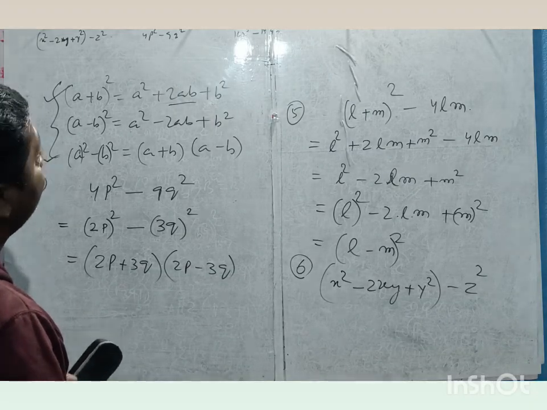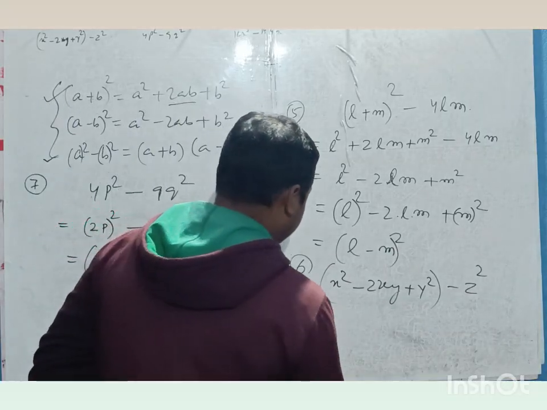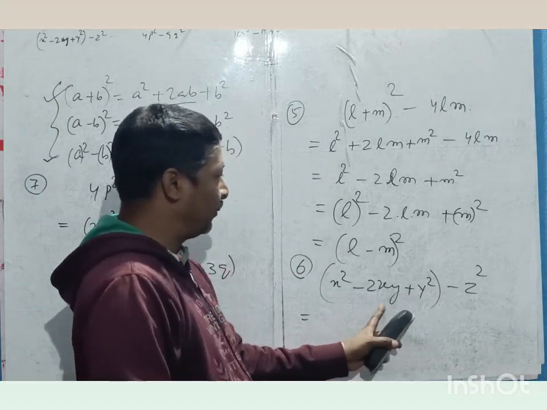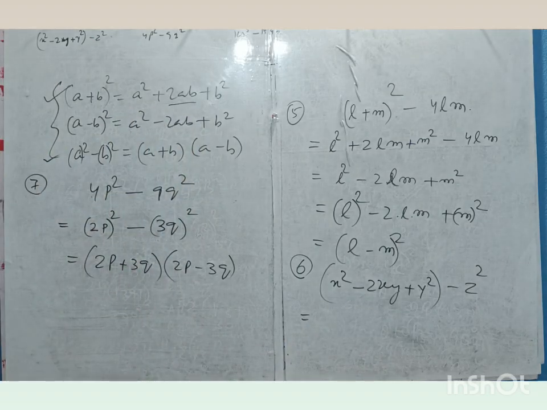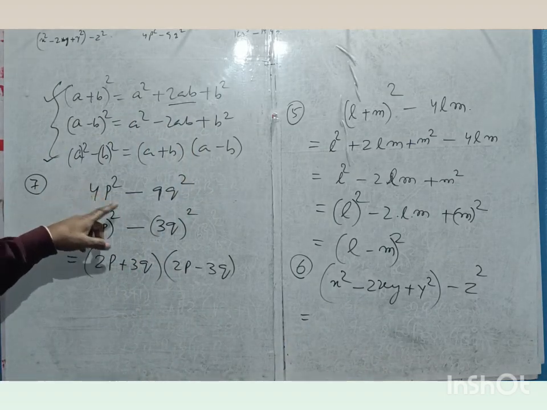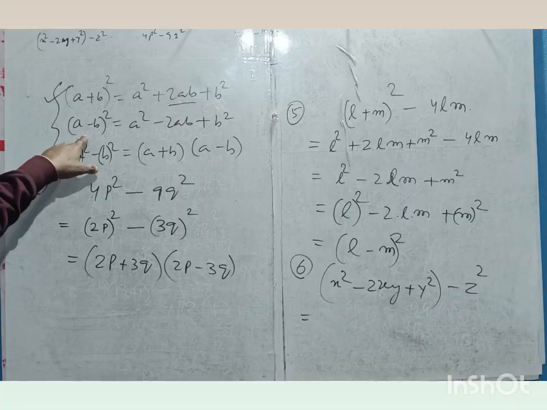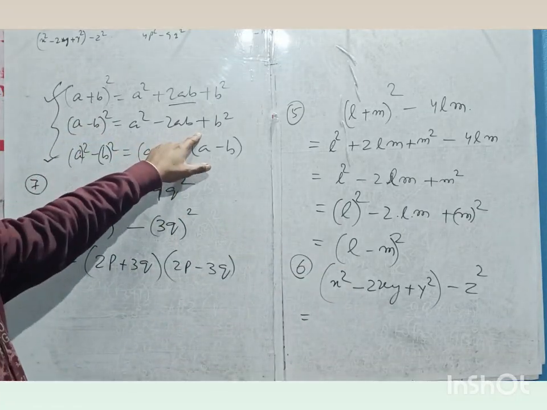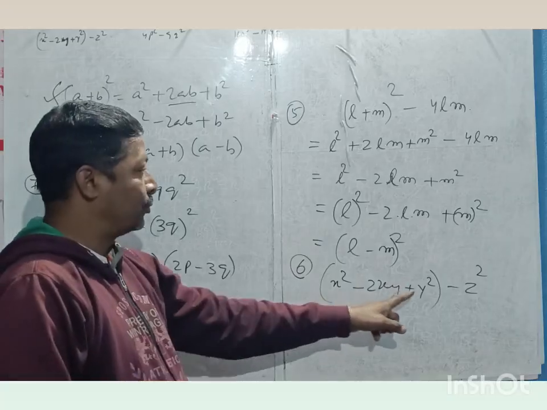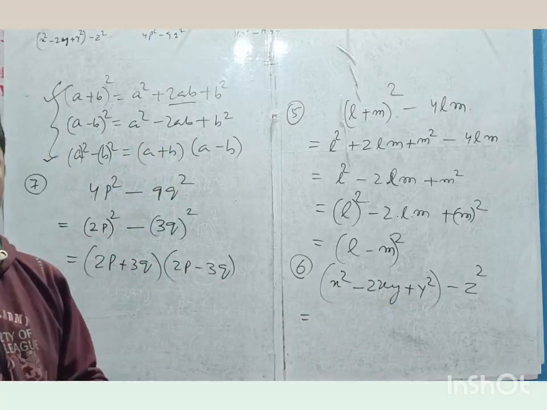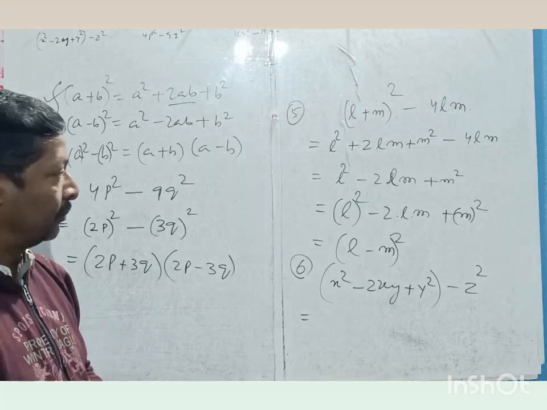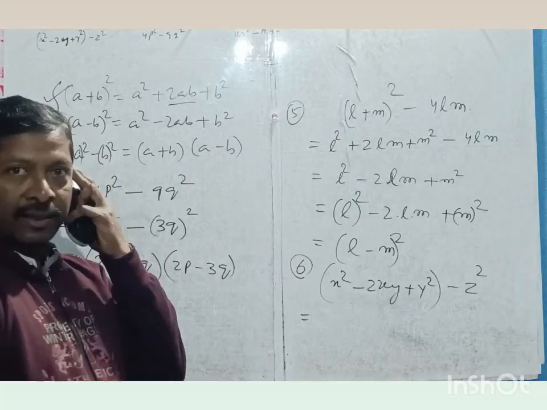Let's proceed. This is not a square form, but we can make it a square form using this identity. Compare this one and this identity: a², b² form and a 2ab form. I am guessing, not confirming, but after checking I will get it.